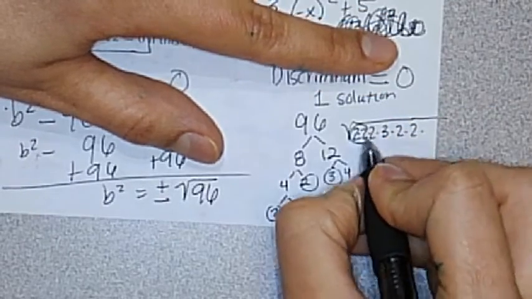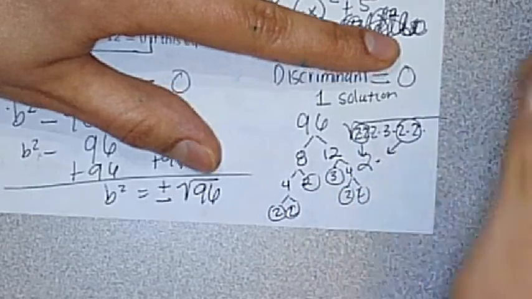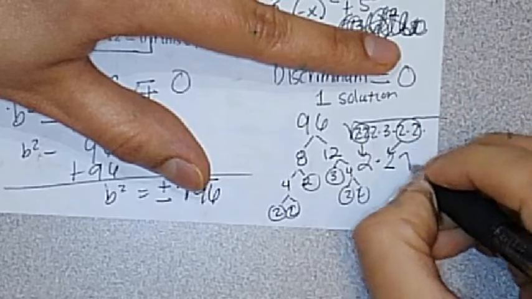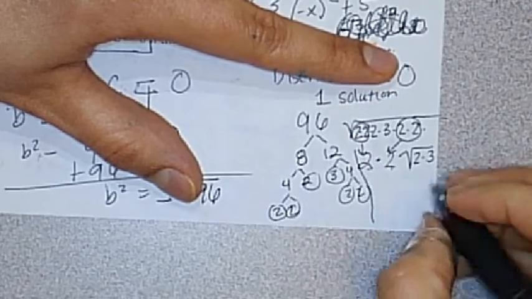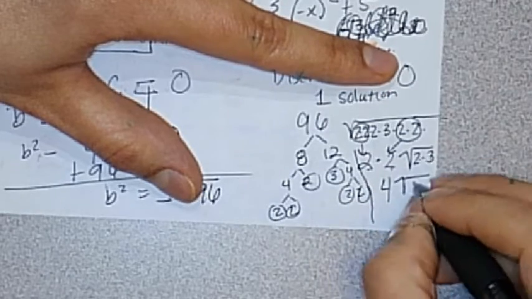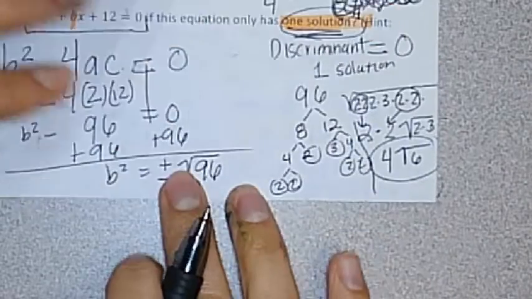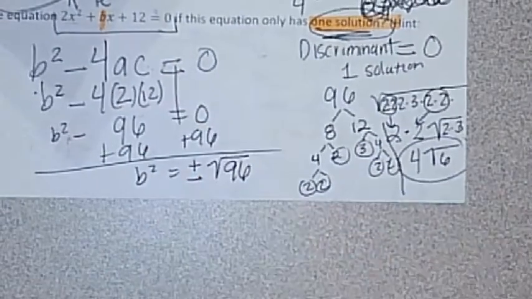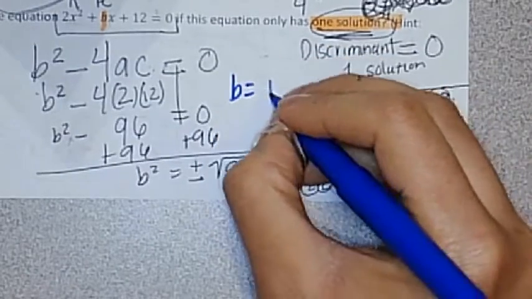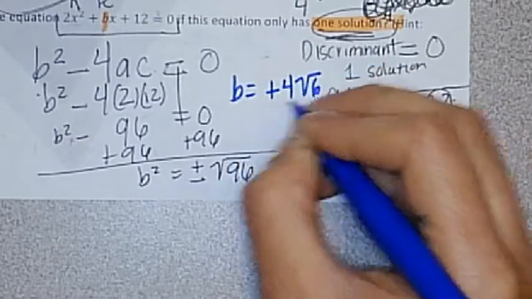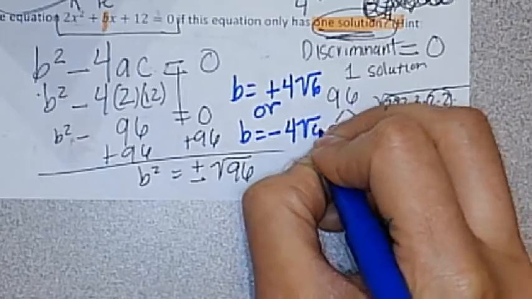Okay, 2 in, 1 out, 2 in, 1 out. And inside we have 2 times 3. 2 times 2 is 4, 2 times 3 is 6. Okay? So, in other words, b can equal positive 4 square roots of 6, or b can equal negative 4 square roots of 6.